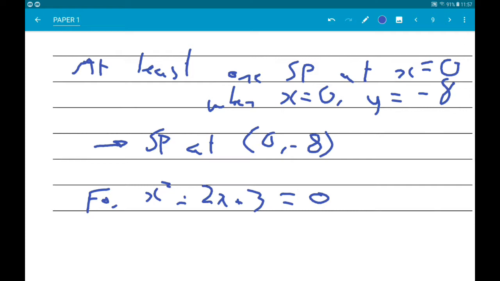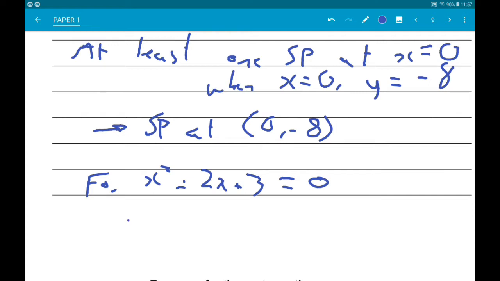So that's b squared minus 4ac. So for there to be no real roots, we need the discriminant to be less than 0. So that's going to be 2 squared minus 4 times 1 times 3, so that's minus 12.